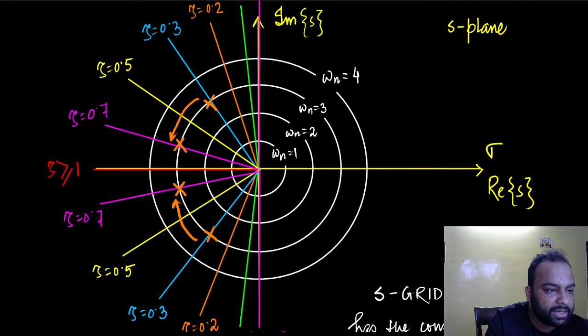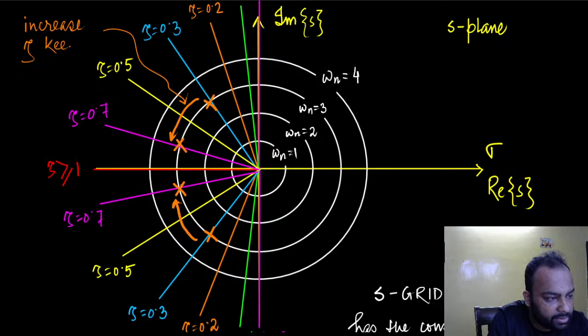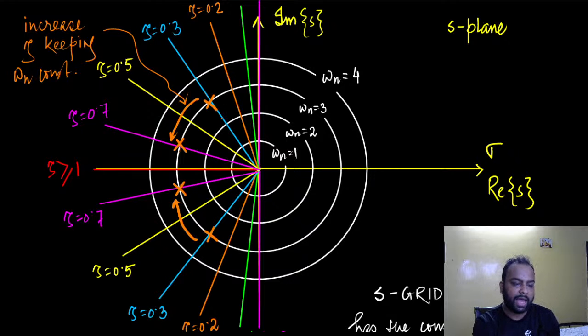So we increase zeta, keeping omega n constant. And of course, if I move along this, I would decrease the value of zeta, keeping omega n constant.